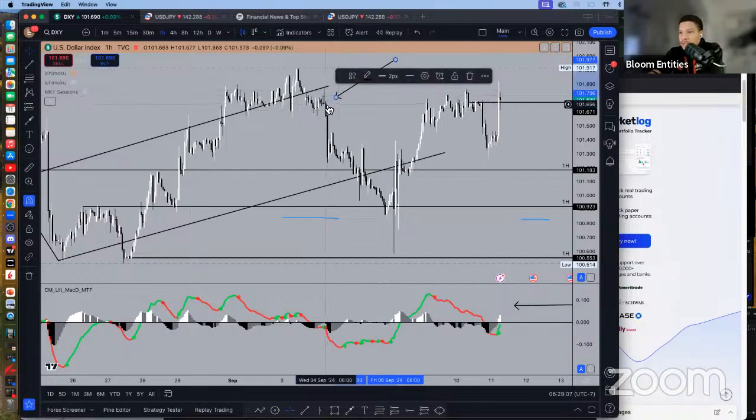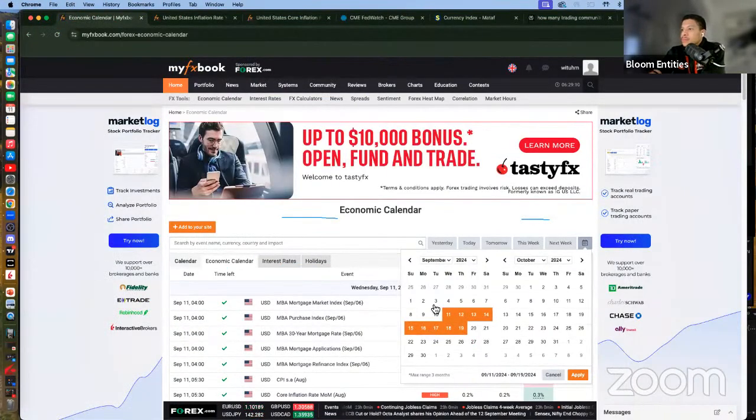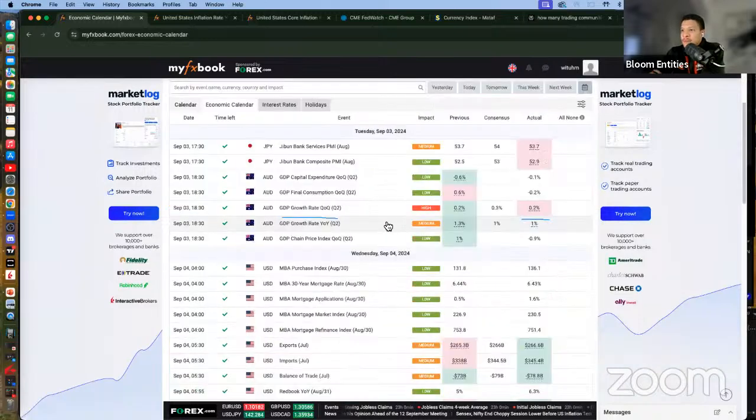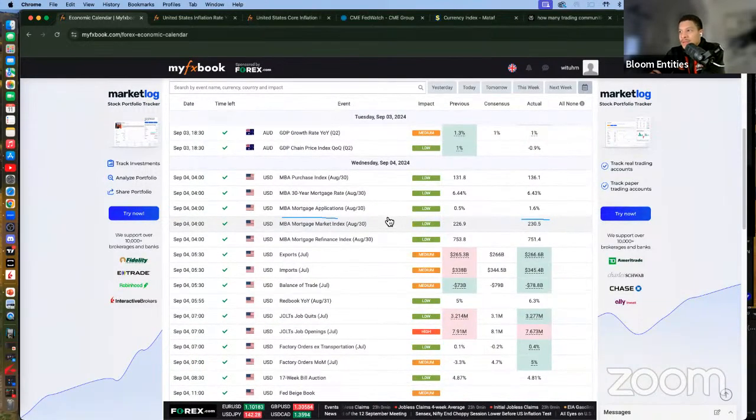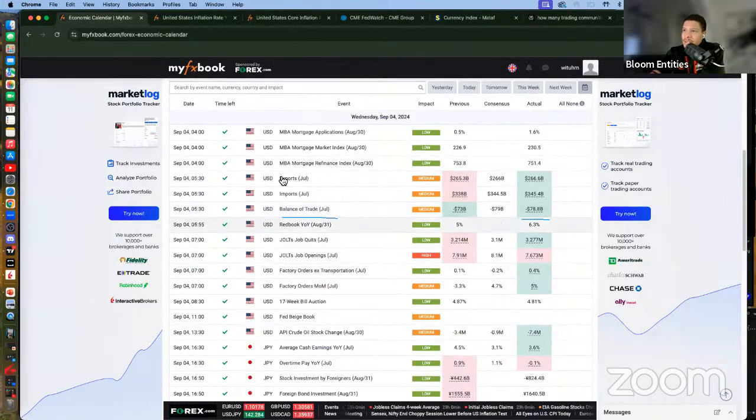This is Wednesday, September 4th, right? What news did we get that I was looking at? Import exports, right? Balance of trade. That's what I was looking at mainly. So we were still in a deficit, even though this is green.